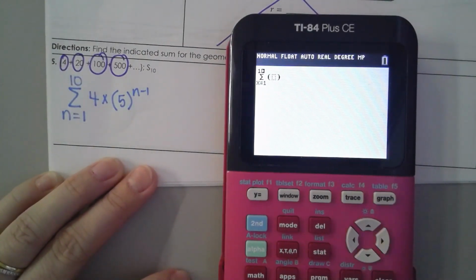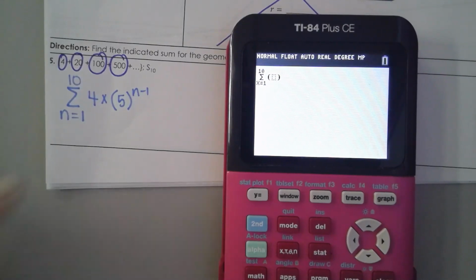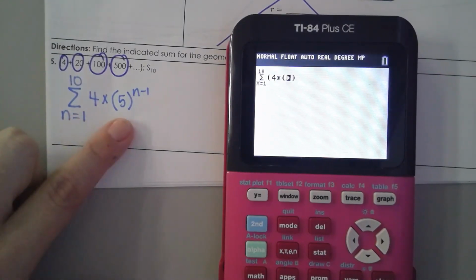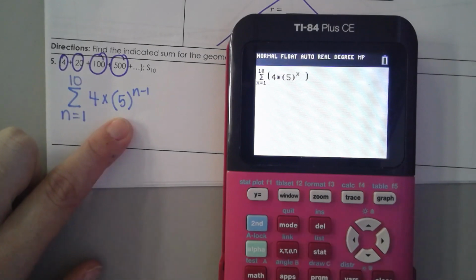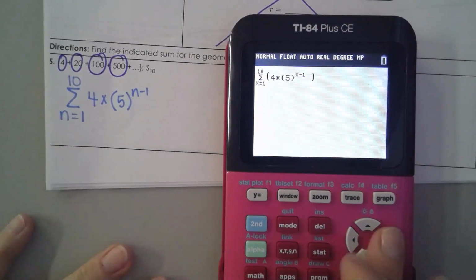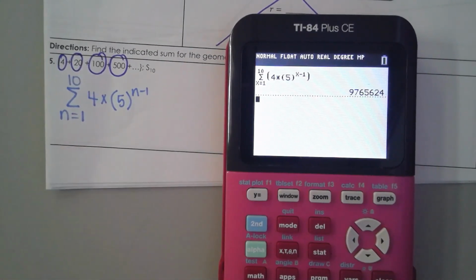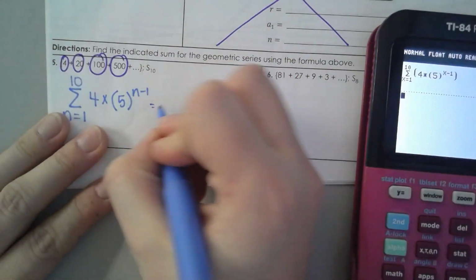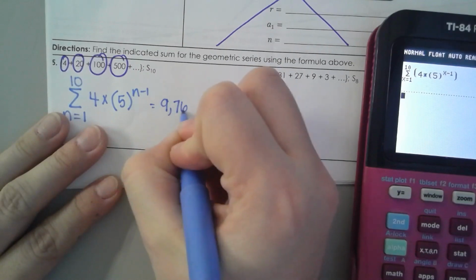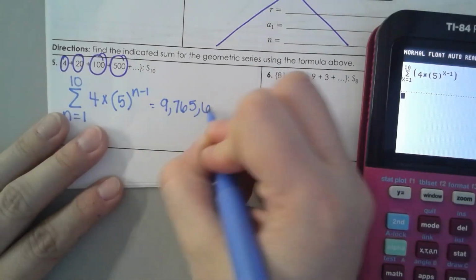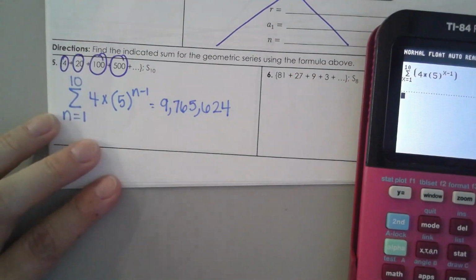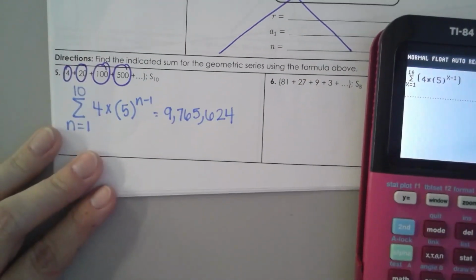It is a big number. 4 times 5 to the x minus 1 power. We get 9,765,624. Any questions?